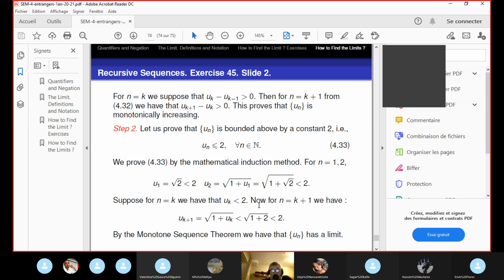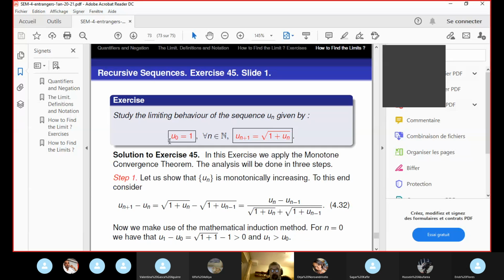Now, I will suppose that u sub k minus u sub k minus 1 is positive. Then, you see, if I suppose this, then from my formula 4.32, the numerator of the fraction on the right-hand side will be positive due to my assumption, due to my hypothesis.